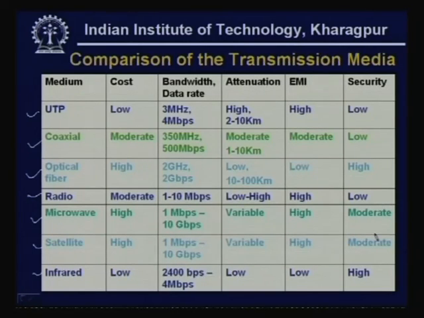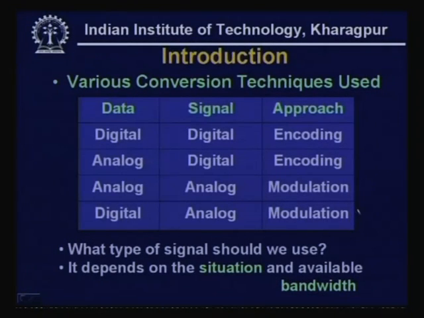So with this background, now we shall discuss the transmission of digital signal. But before doing that, let us consider what are the various options available to you. As you know, you can have digital data and you can get it converted into digital signal by a suitable encoding technique.